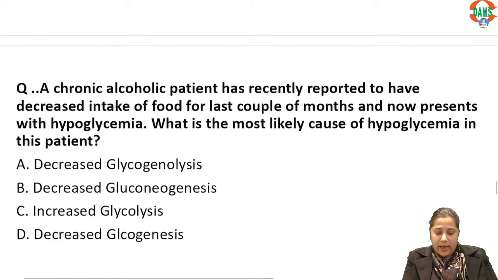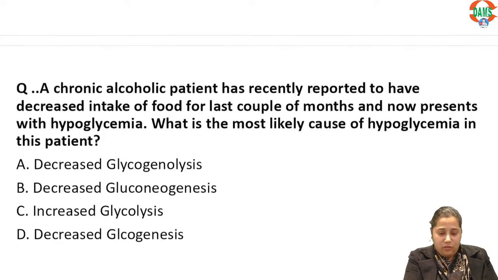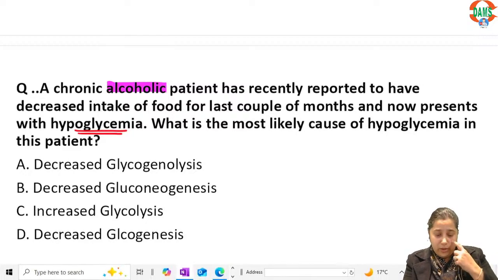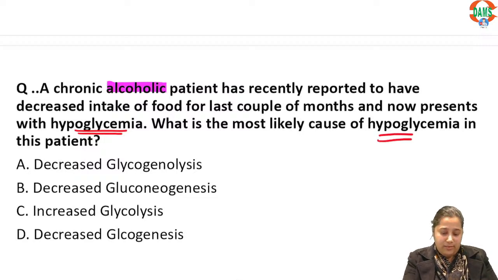Then, a chronic alcoholic, another question on alcohol. A chronic alcoholic with decreased intake of food over the last couple of months now presents with hypoglycemia. Probably it is some version of that original question. What is the most likely cause of hypoglycemia?